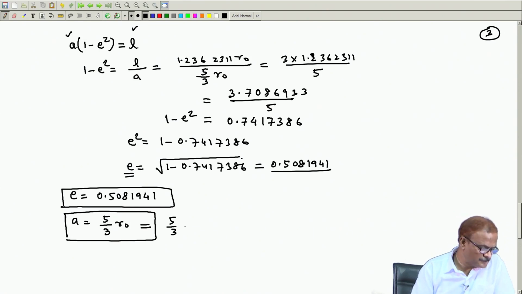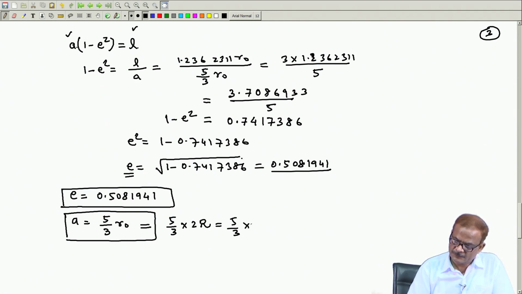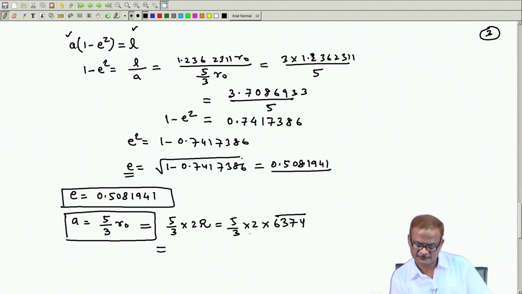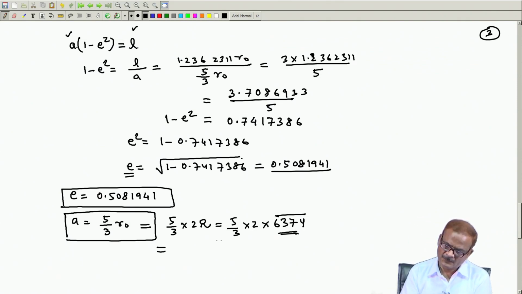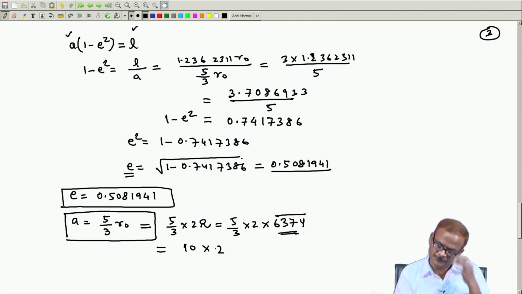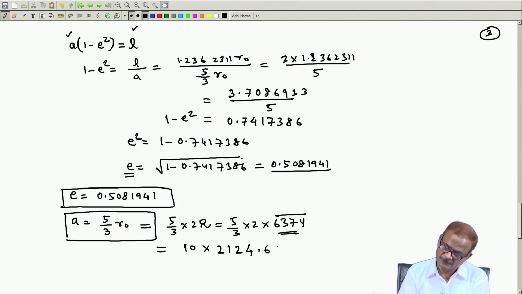So, if you put r 0 given to be 2 times r, this is 2 times r, and if we insert the value, say 5 by 3 times 2 times 6374, or if we use the value of 6400, depending on the value used here, this becomes around 21246.7 kilometers.